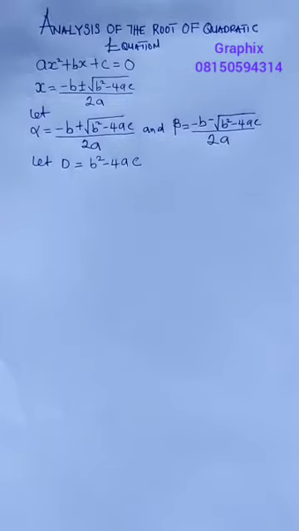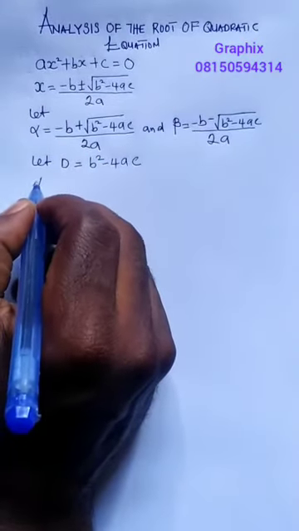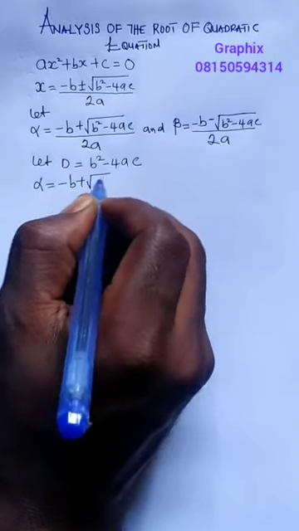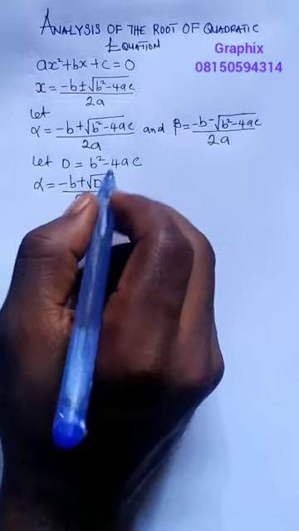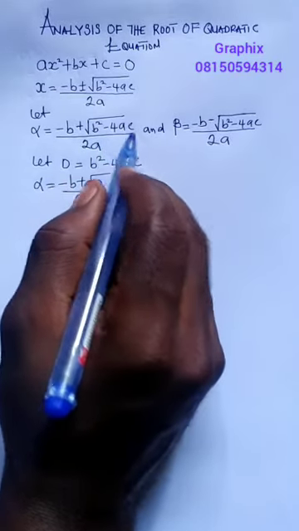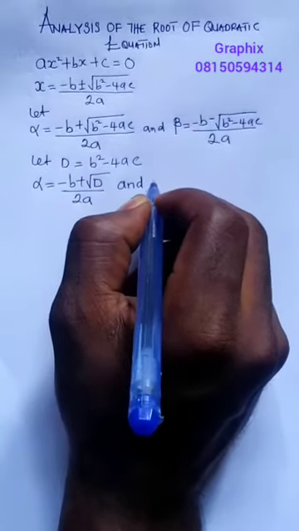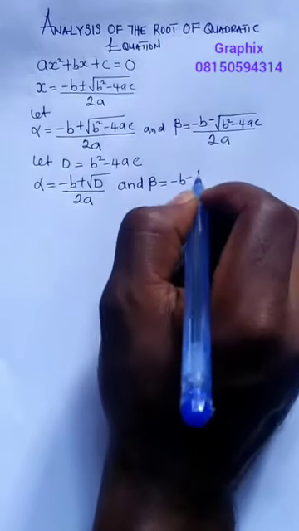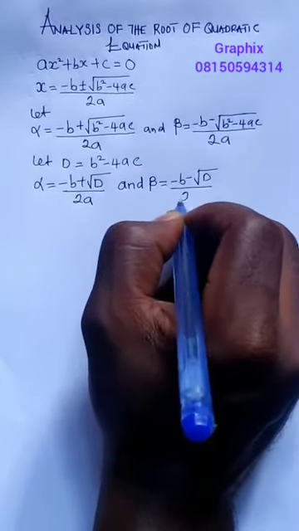Now by rewriting this again, we'll have alpha equal to minus b plus root D over 2a, because our D is now b squared minus 4ac, and beta is equal to minus b minus the square root of D all over 2a.